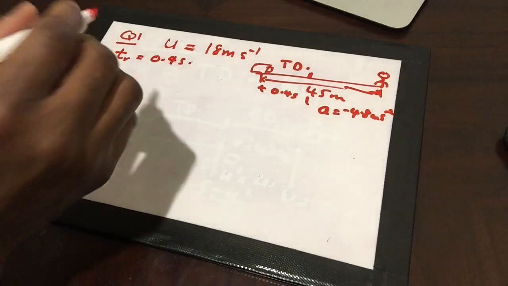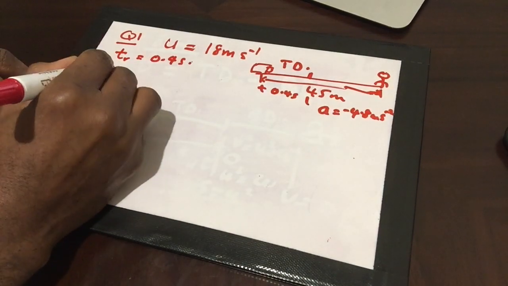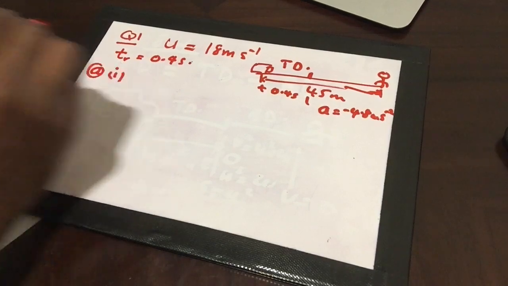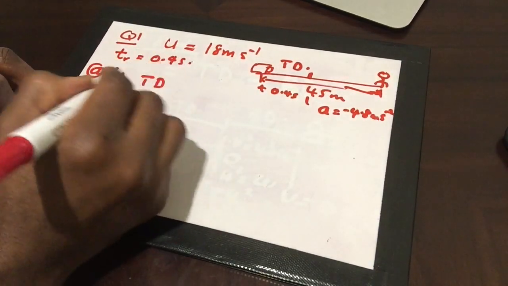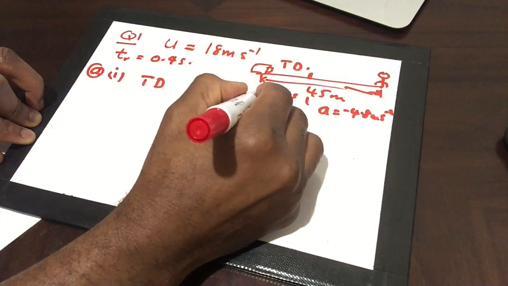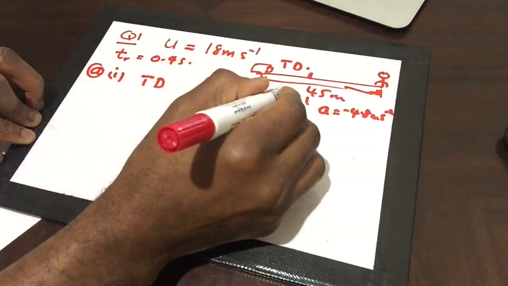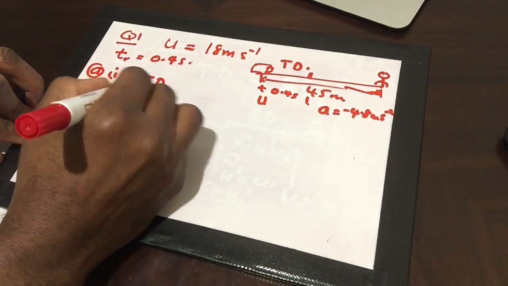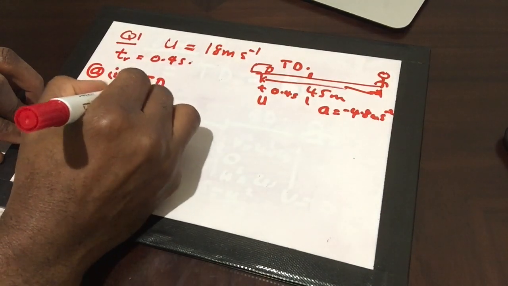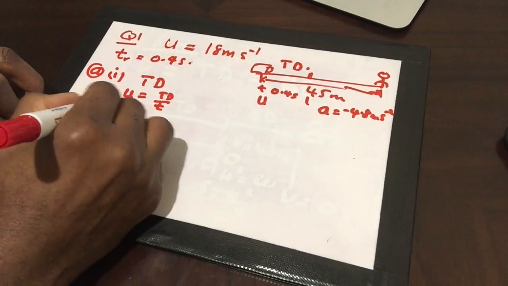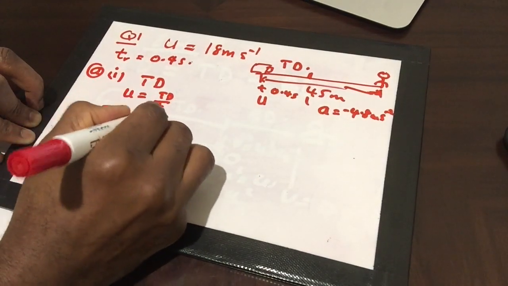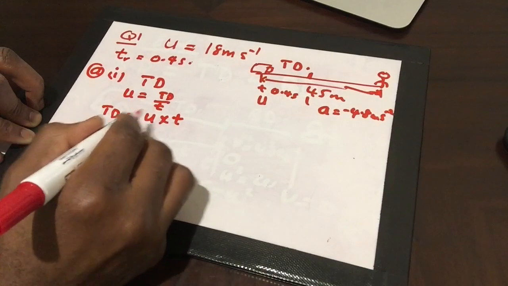We're now asked to calculate one, the thinking distance. From our previous generalization, because the car is traveling at this velocity u and it has time, we're just going to say that u is thinking distance over time. Therefore, thinking distance is u times time.